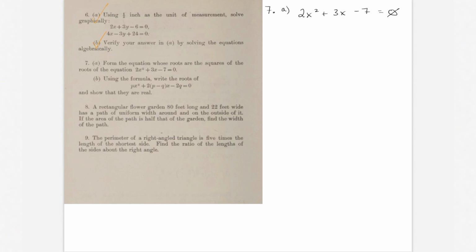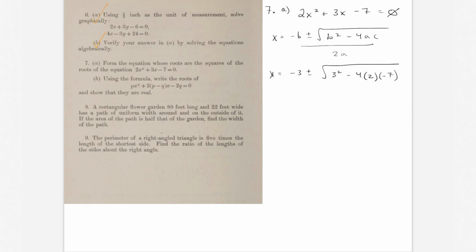We were asked to form an equation where the roots of the equation were the squares of the roots of 2x squared plus 3x minus 7. Now roots are just x-intercepts, so I was like, okay, I'll solve for the x-intercepts for this equation.